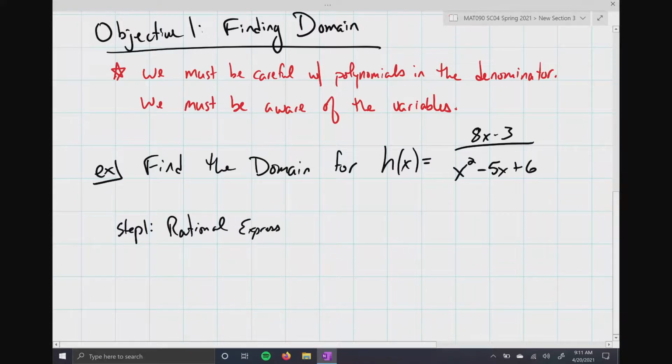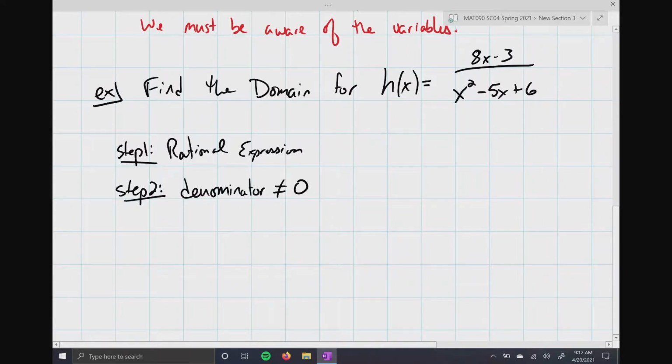And I know with rational expressions, I need to be careful of my denominator. So step 2, I don't want my denominator to equal 0. So I take the denominator, x squared minus 5x plus 6, and I'm just going to write the not equal to 0.